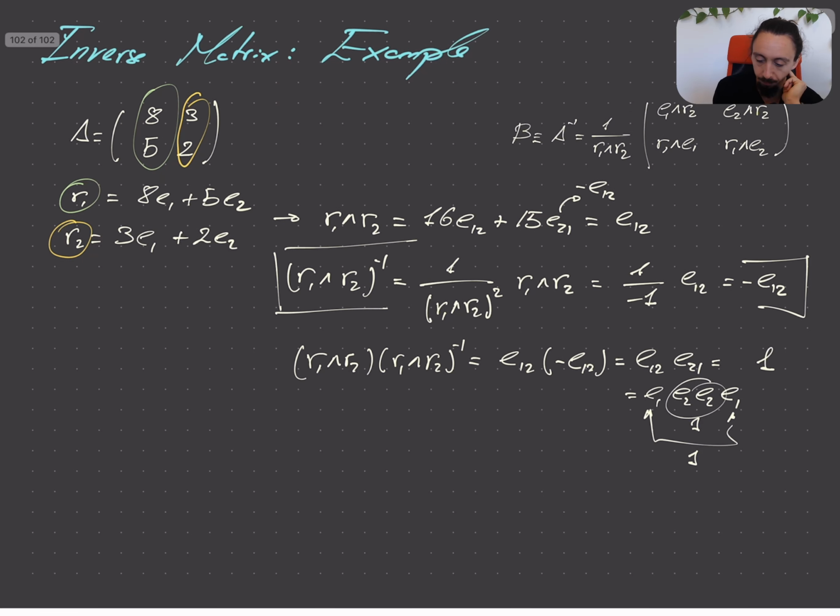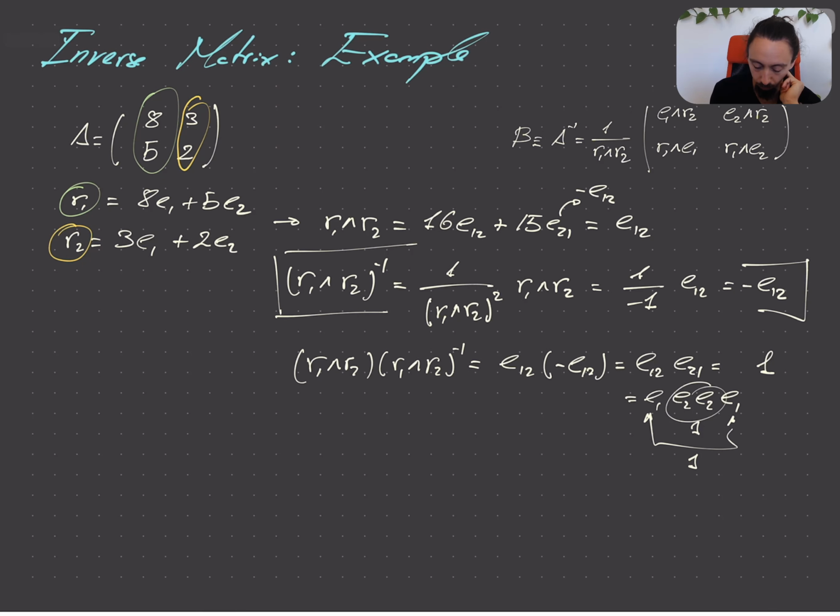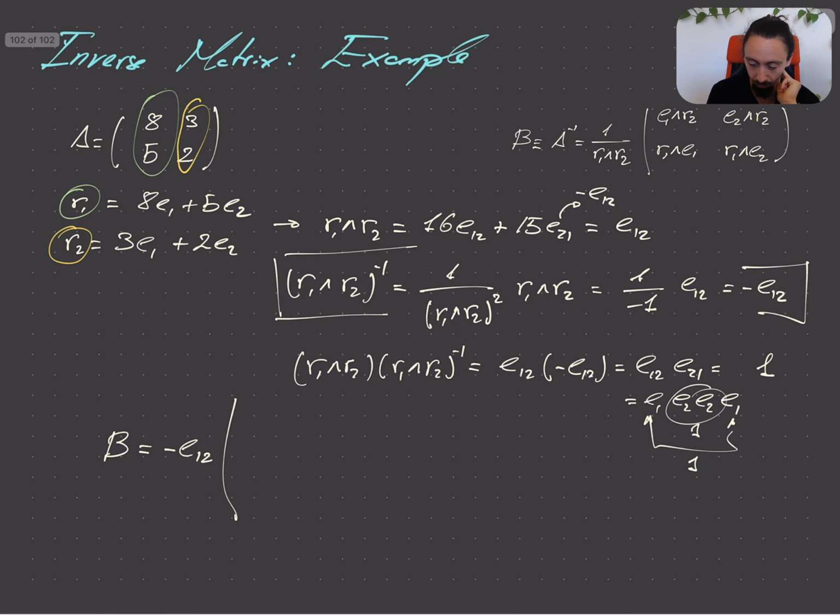Nice. And now we can obtain directly B as minus e12 multiplying. I'm going to apply directly the expression that I have up here.